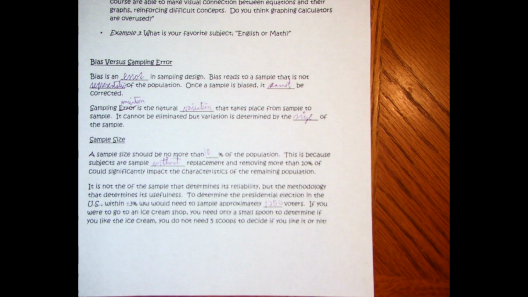You don't need the whole 5-gallon tub, and that would be our population. You need a scoop that's representative of that population. And as long as your scoop is representative of that population, then you can infer certain things about that population. Okay. So those are some things to keep in mind as we delve into this.